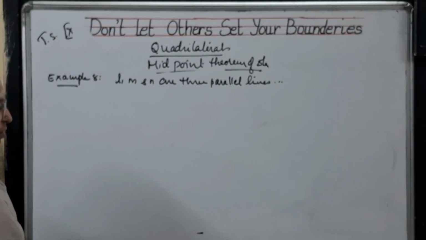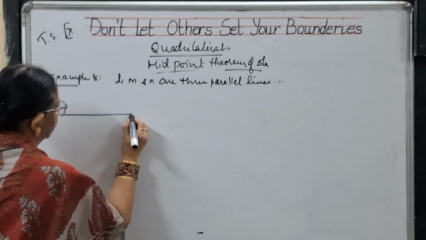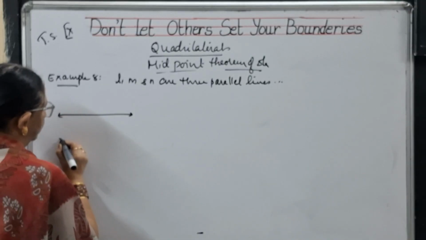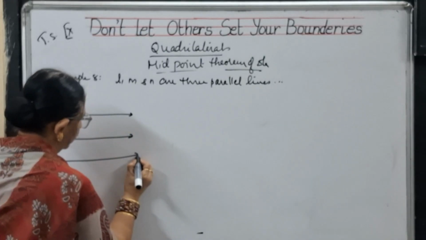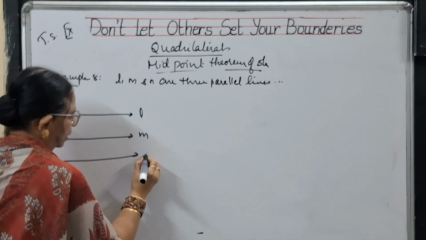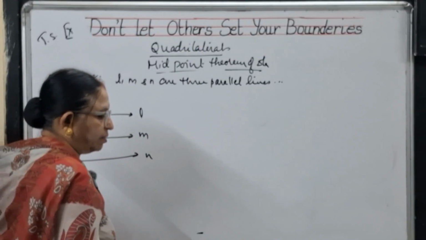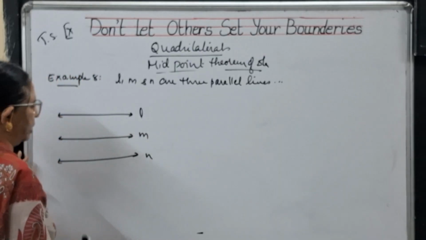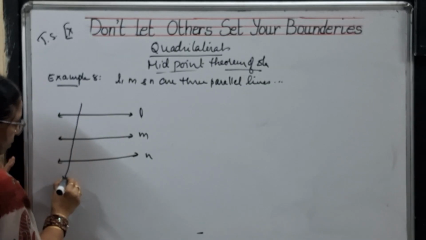Example 8, children. Listen to this, children, I am reading. L, M and N are three parallel lines. So let me first draw the parallel lines. L, M and N. So L, M, N are three parallel lines intersected by transversals P and Q. So you have a transversal like this.